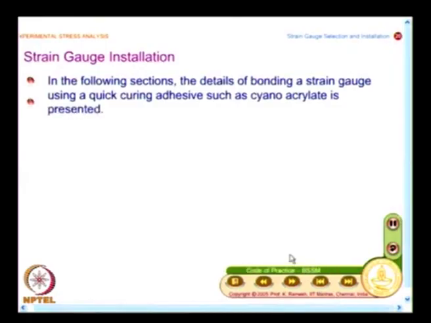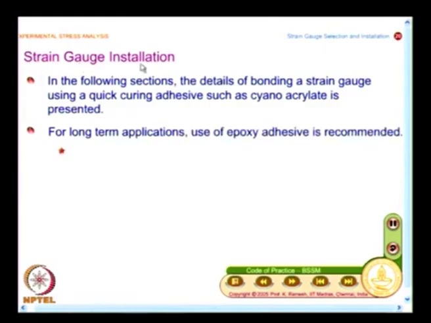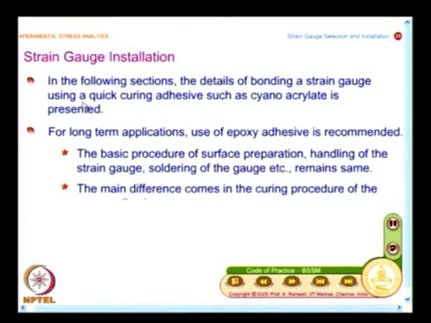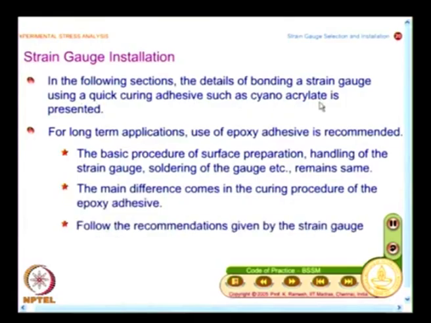So, what we are going to do is we will look at how to do strain gauge installation, and essentially I will be discussing how to paste a strain gauge using a quick curing adhesive such as cyanoacrylate.